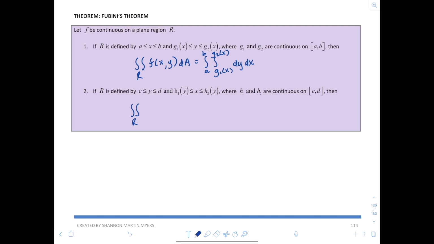We'll have the double integral over the region of f(x,y) dA would then be the integral from c to d, right? And the integral from h1(y) to h2(y), and this time it would be dx dy. Groovy?